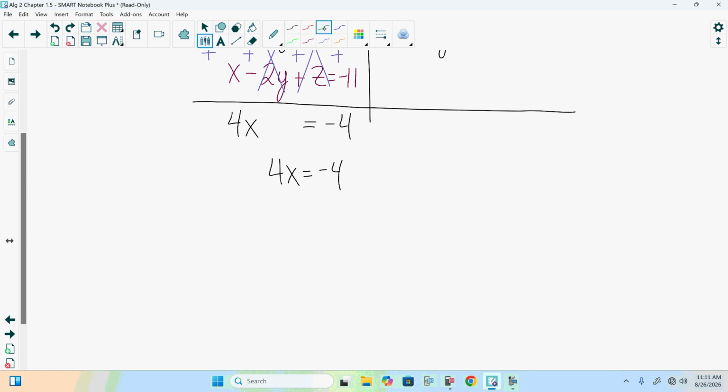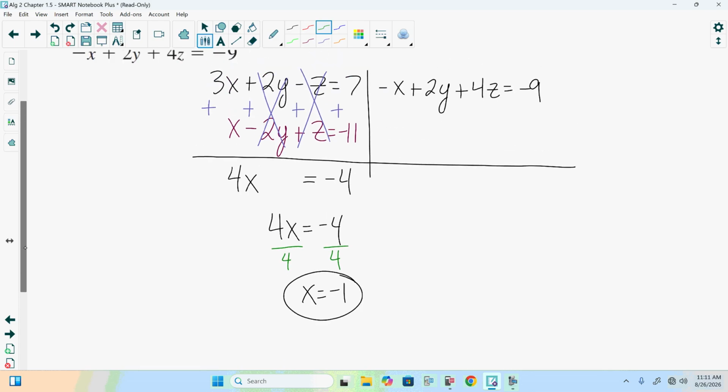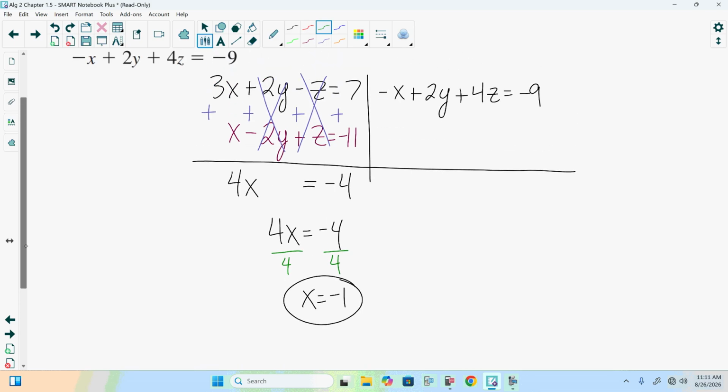We divide both sides by 4. Telling us x is equal to negative 1. That also means we have one less step we have to do in solving.